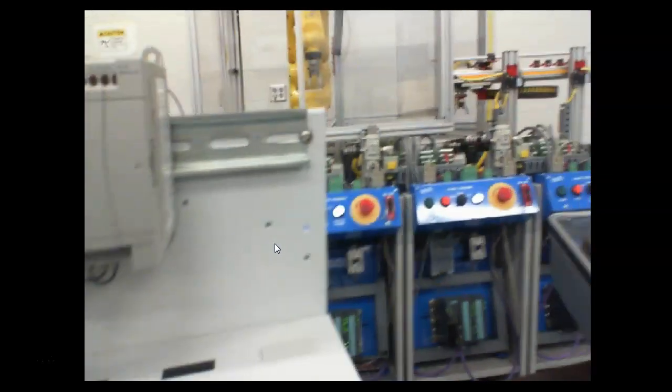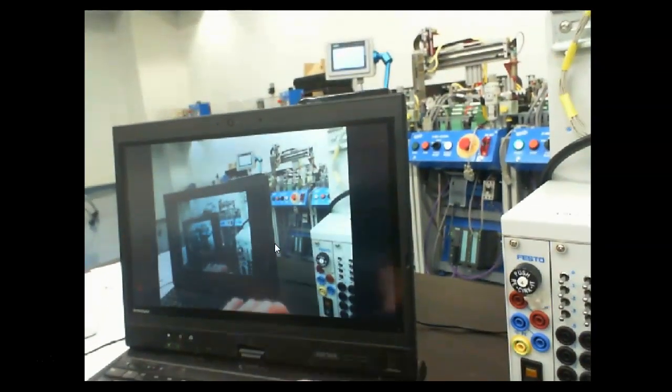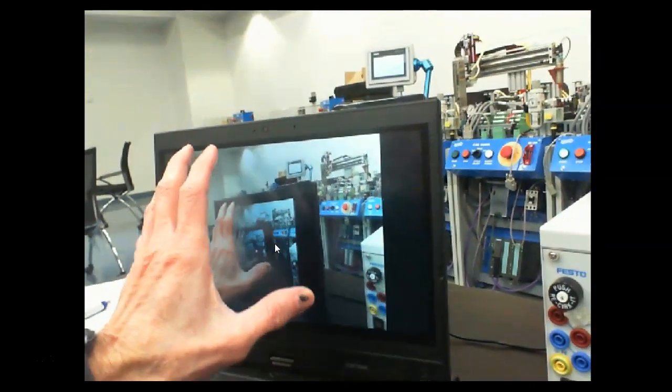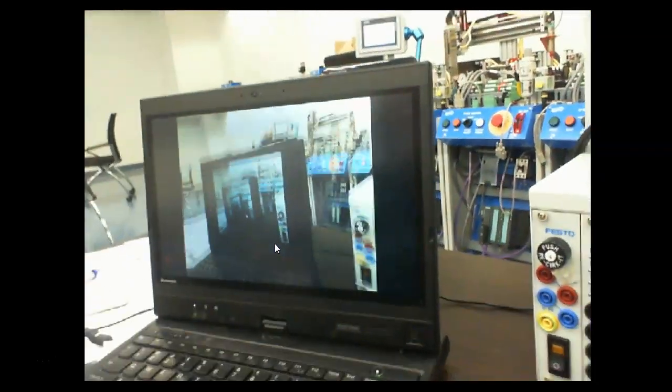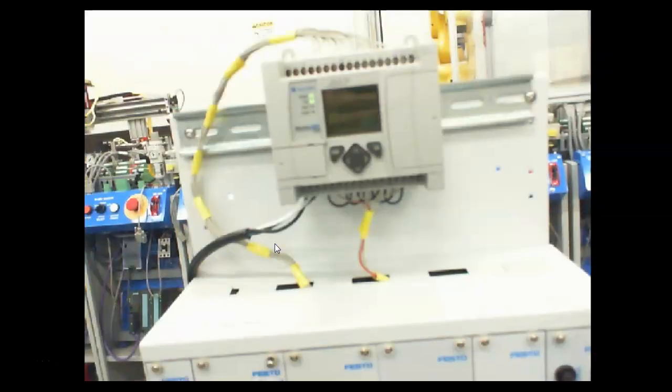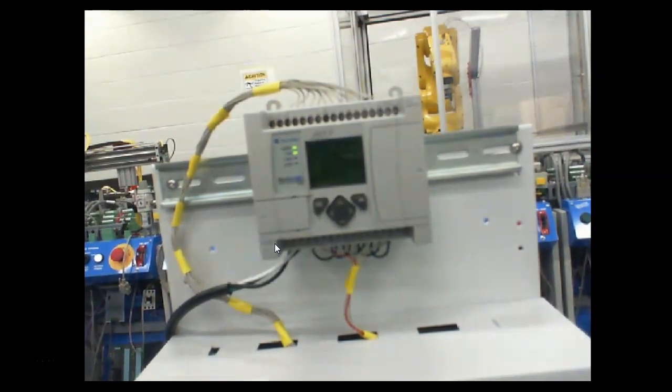On my computer, I have no idea how they have this keyboard connected to the CPU. And I have no idea how they got this display connected to the CPU. On this, though, we literally have to connect the inputs up.